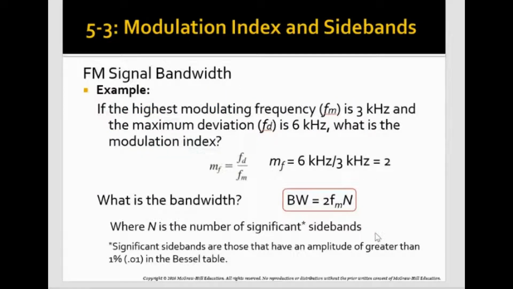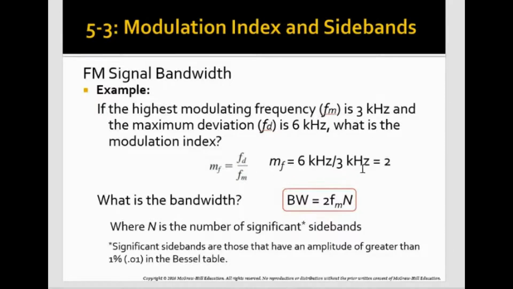Okay, so let's see how we can calculate the FM bandwidth. I am showing you how to calculate it through an example. If the highest modulating frequency is 3 kilohertz and the maximum deviation is 6 kilohertz, what is the modulation index?